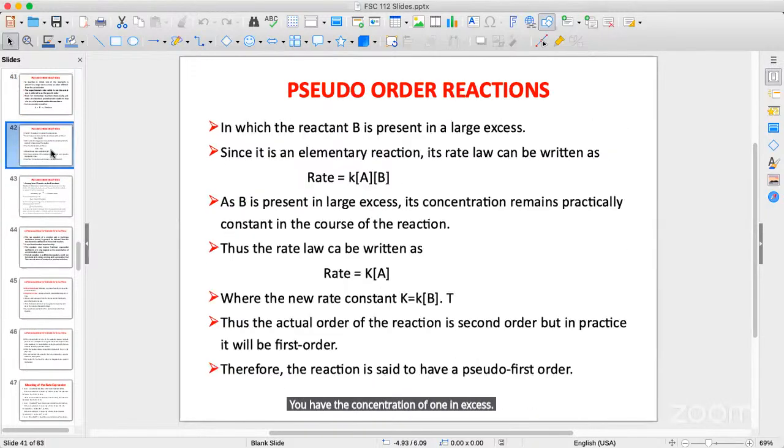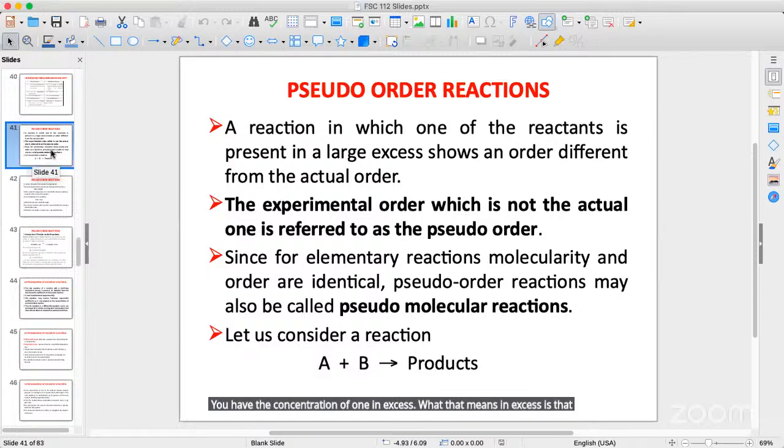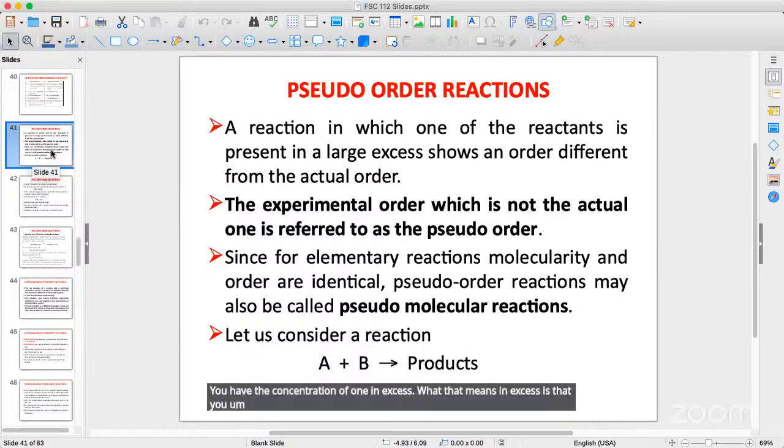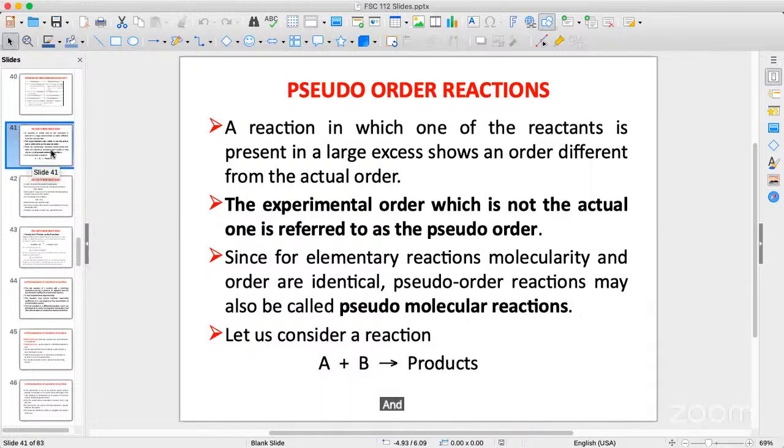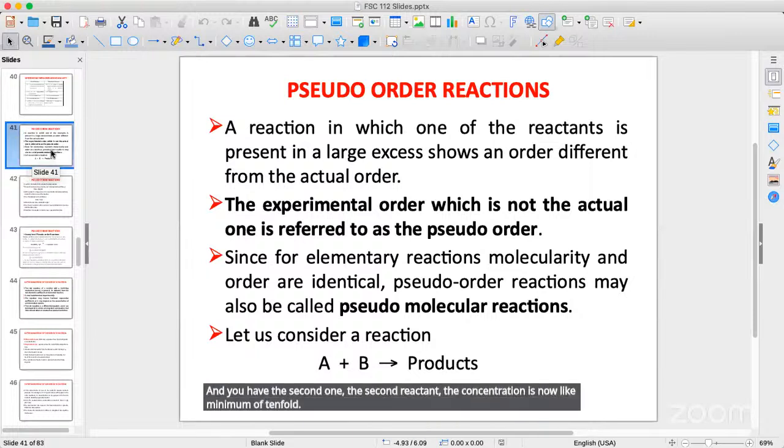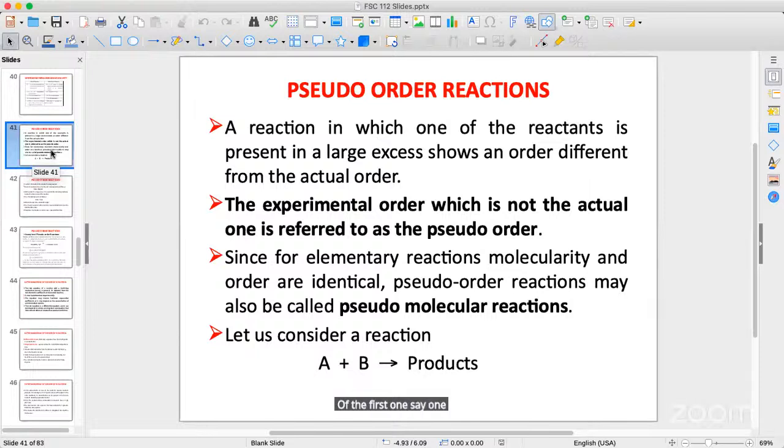What that means by excess is, say for example, if one is 0.2 molar, the second reactant's concentration is a minimum of 10-fold that of the first one. Say one is 0.2 molar, you have the second one at 2 molar. Now that is in excess. You can assume that is in excess.